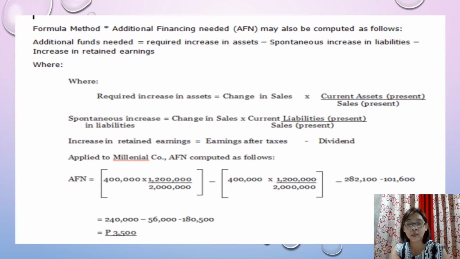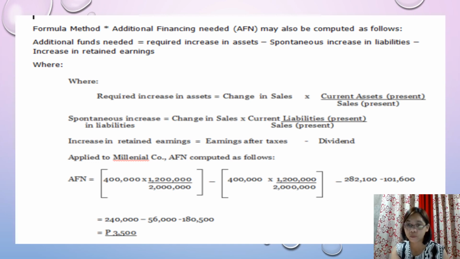So, para makuha po natin yung required increase in assets, gawin po natin yung change in sales, i-multiply po sa current assets, which is present, and then i-divide po sa sales, which is present.